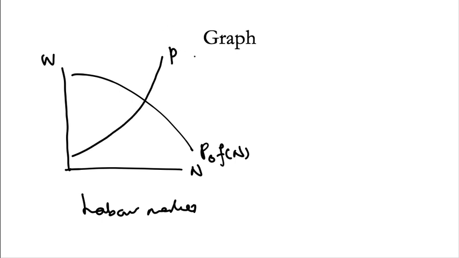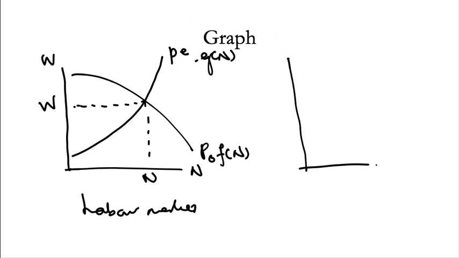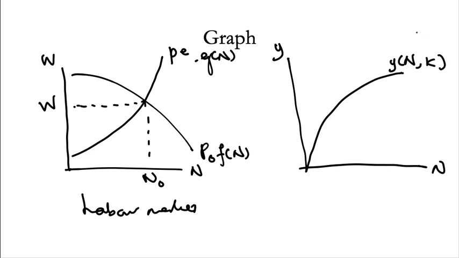Then we have labor supply, expected price times labor supply, and the current wage rate W. If we put it in the form of production function, let's call this N naught. So this is production function Y, N, K. So N naught is here, then Y naught here.